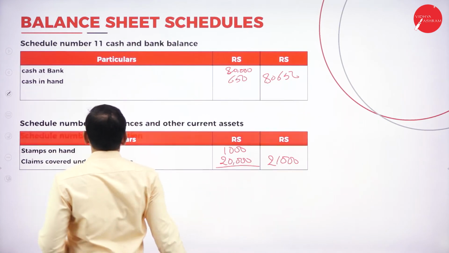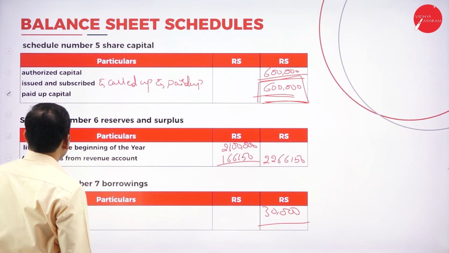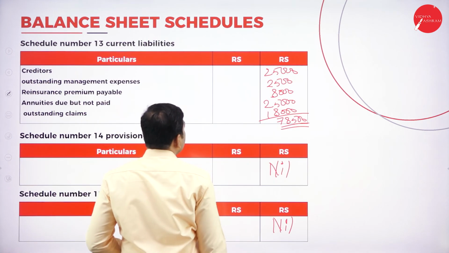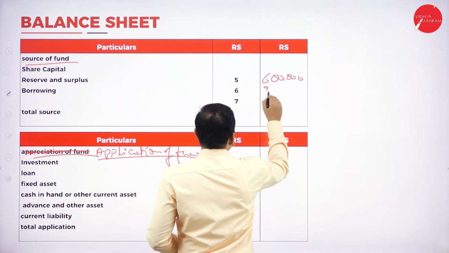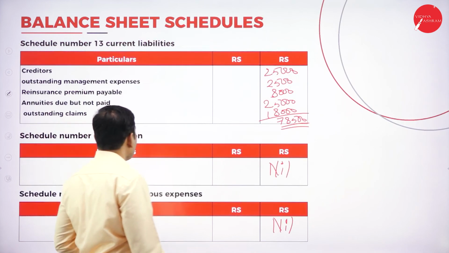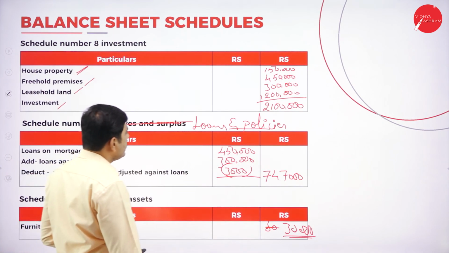Again, reserve and surplus. What is the total amount of reserve and surplus? It is 22 lakh 66,150. Again, borrowing. What is the amount of borrowing here? It is 30,000.